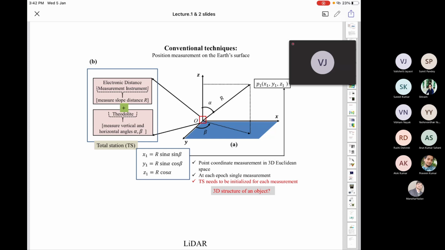It travels in a straight line. As we have defined, it should be directional. So the direction towards which we have focused the laser source, it goes in that direction in a straight line. It finally hits the point P1, returns back along the same path, and is received by the instrument receiver.